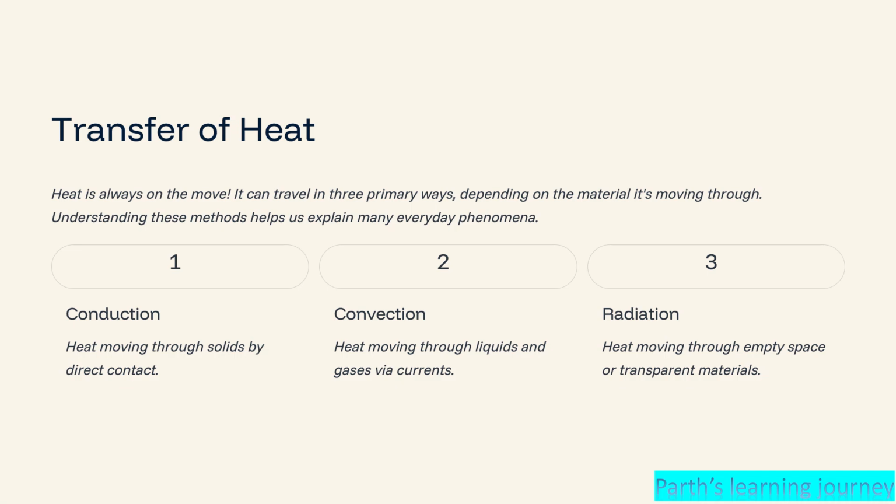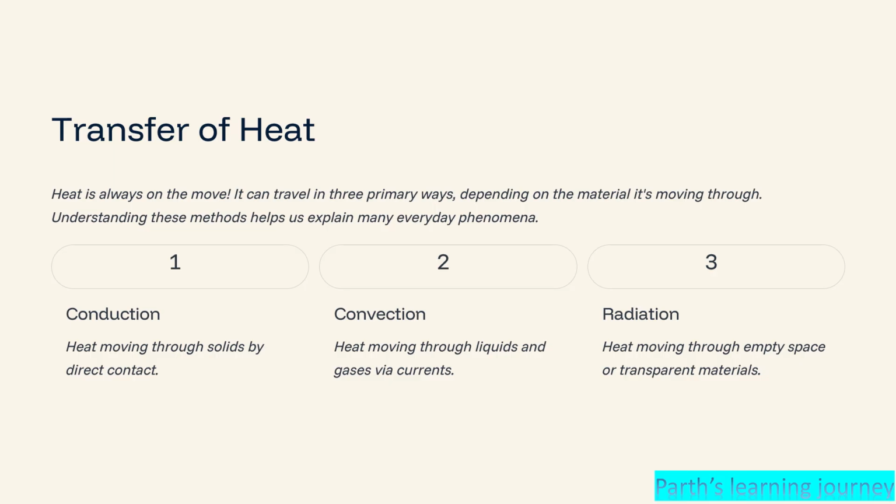Transfer of heat. Heat always moves. Heat always flows from a body or region at a higher temperature to a body or region at a lower temperature. The transfer of heat between two bodies occurs only when there is a temperature difference between them.